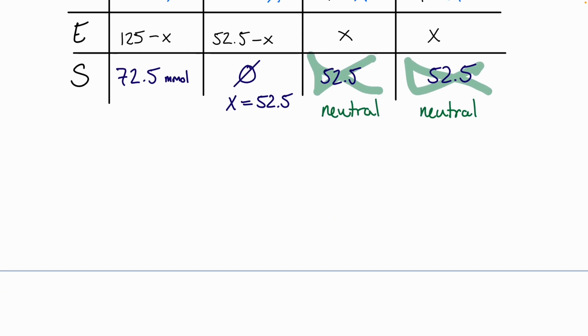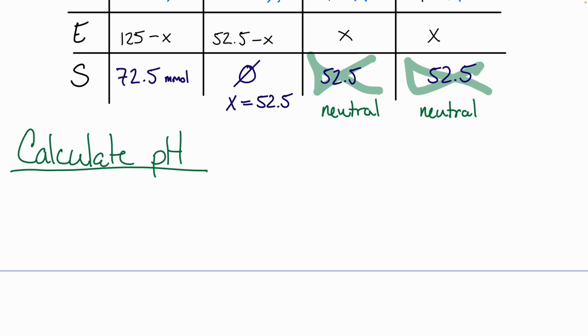Okay, so now we're going to calculate our pH. All right, we know that pH equals the negative log of the concentration of hydronium.